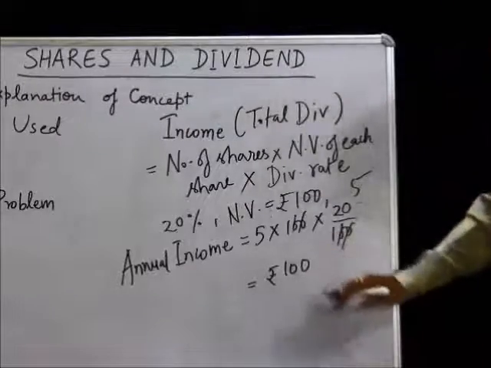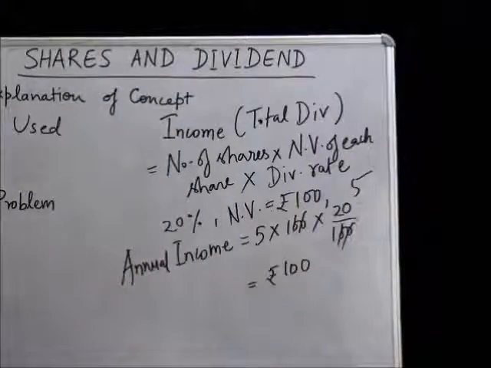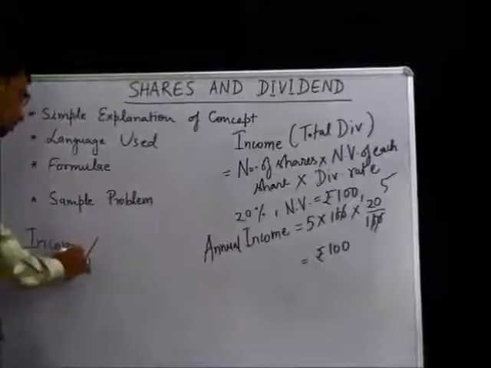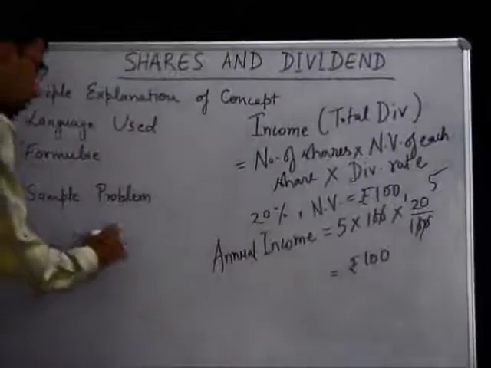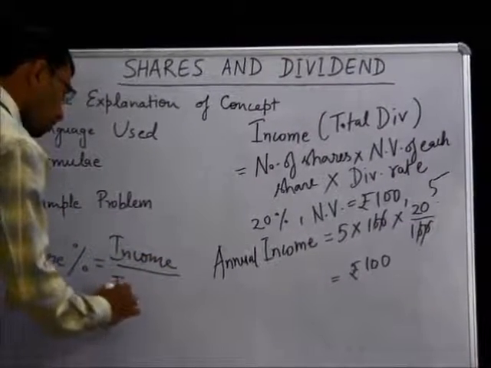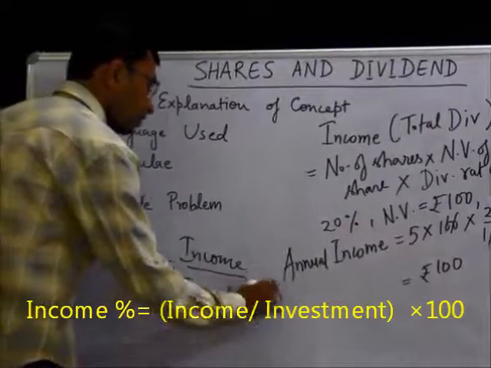Now this is the formula for income. We also have another formula which is for income percent. Sometimes it is necessary to calculate income in terms of percentage. So income percent is nothing but income upon investment into 100.